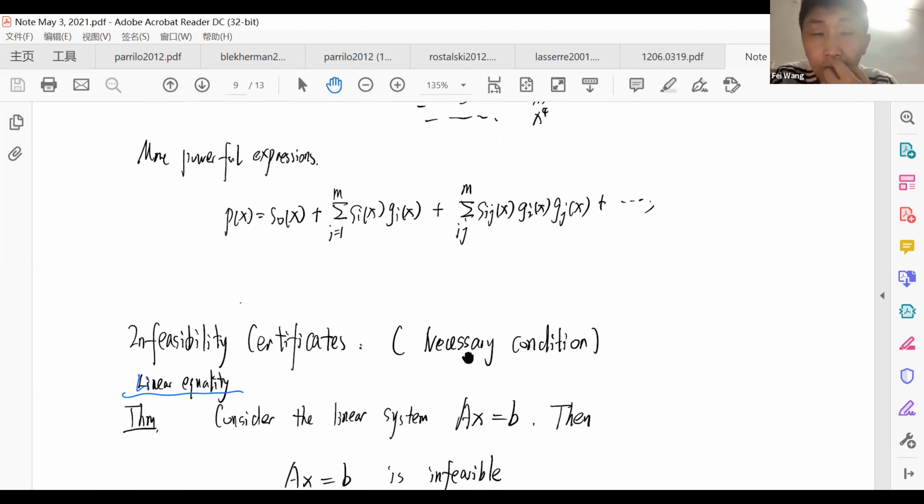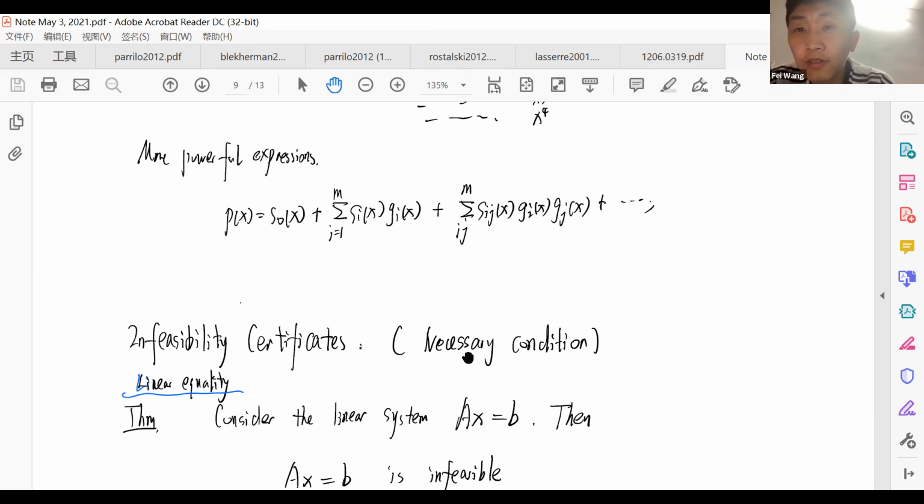So far I talked about the sufficient condition to certify non-negativity over some constraints. Now let's talk about the necessary condition. What is the necessary condition? It means that if P(x) is non-negative, then what condition do we have?